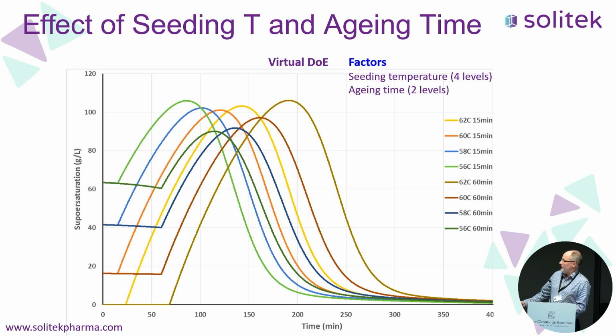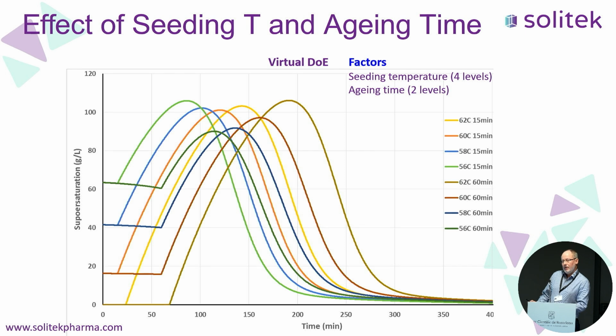And what that means is, when we start doing the cooling ramp later on, in this experiment here, we've already had significant crystal growth at the beginning during the aging time because we seeded at higher supersaturation, lower temperature. And that means that our spike in supersaturation is lower than in the other conditions.